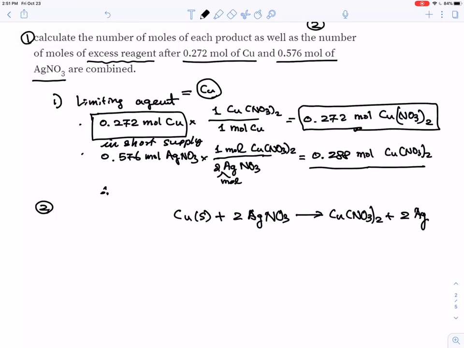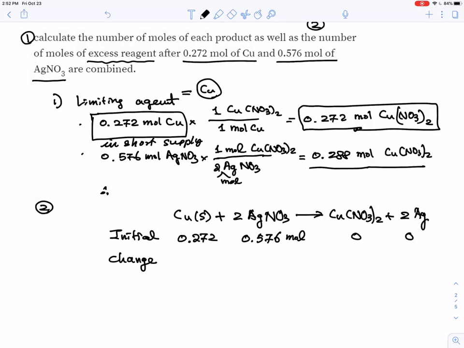In the initial, as mentioned, we have 0.272 mole and 0.576 mole, and the products are not provided here. So then what will be the change?